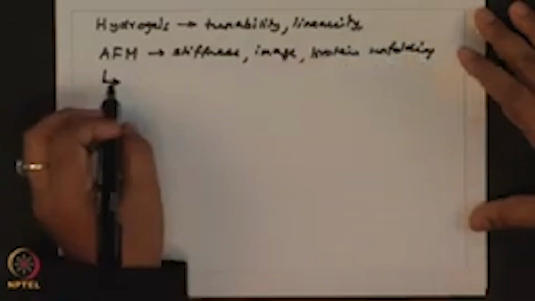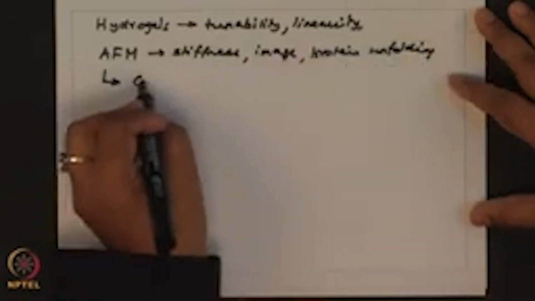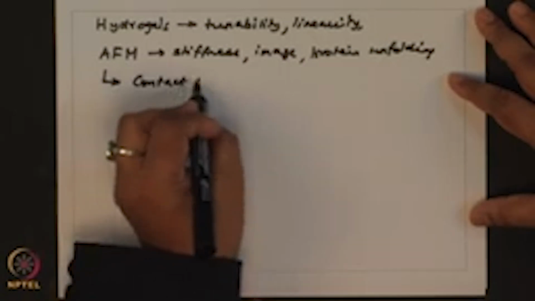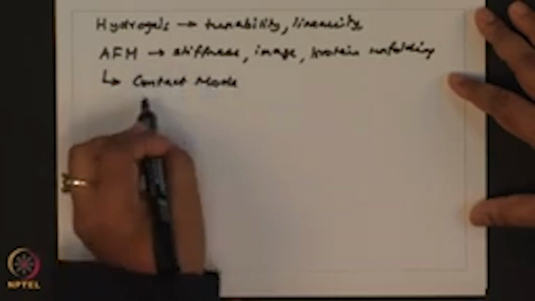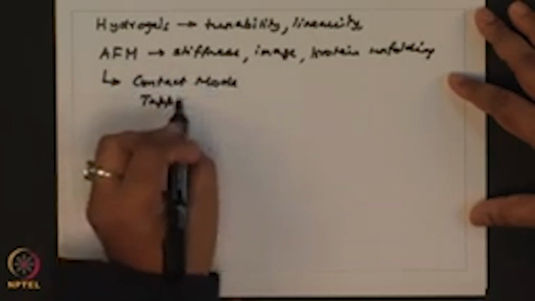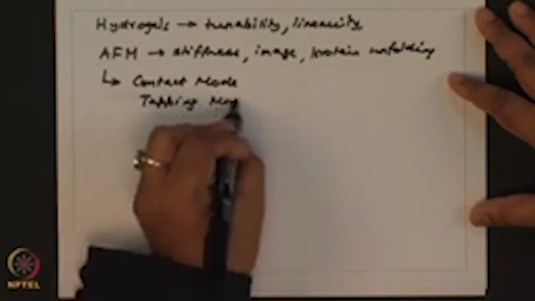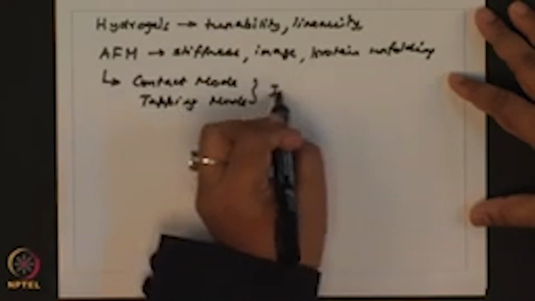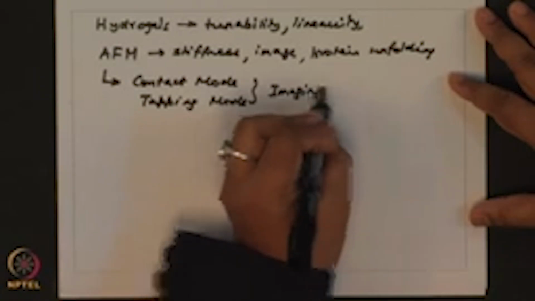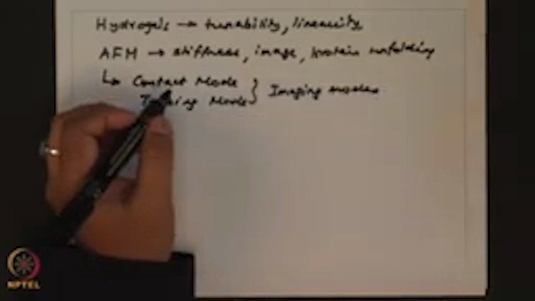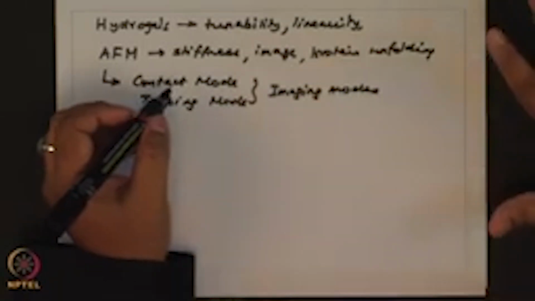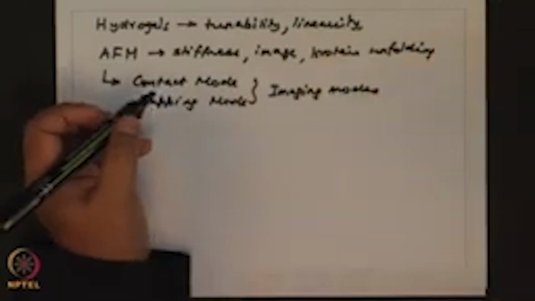You could operate it in contact mode or tapping mode. These are two imaging modes, contact mode being more suitable for flat rigid samples, where there is no chance of damage to the sample, because you are in perpetual contact with the sample.